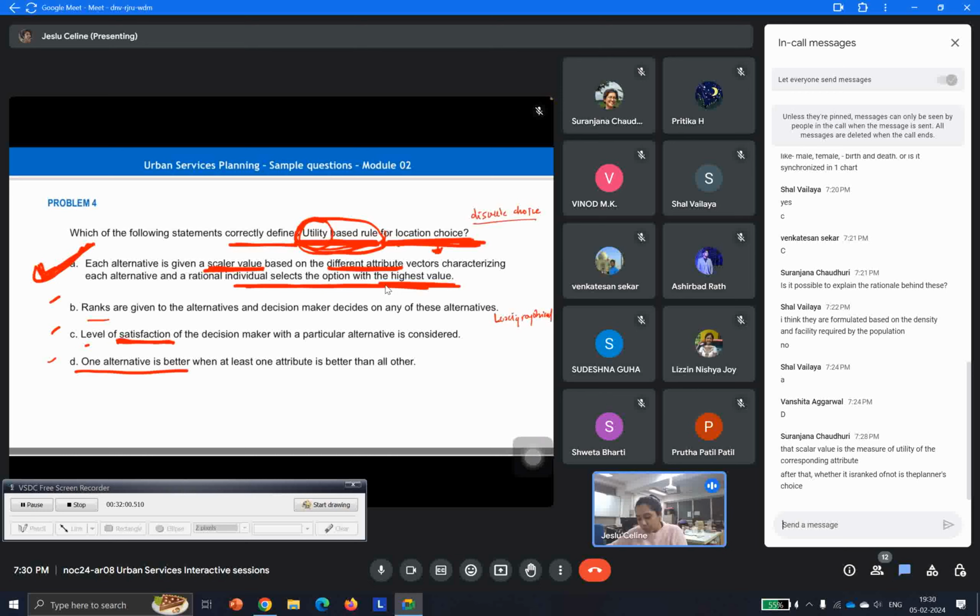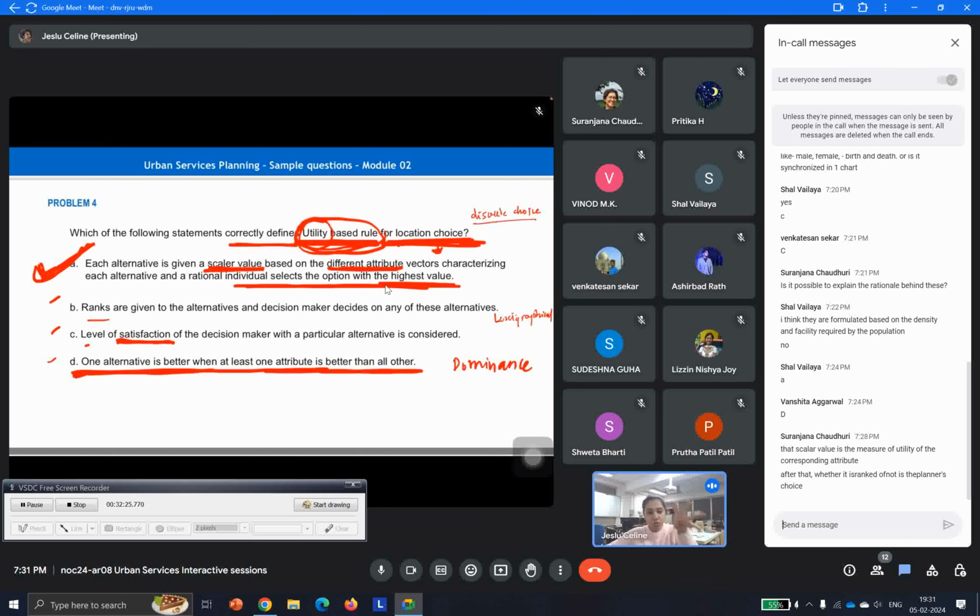Now the other one is one alternative is better, at least with one attribute better than others. So this is called dominance. So in this example, the other example which I was giving, the location choice of your house is dependent on the proximity of a school nearby.